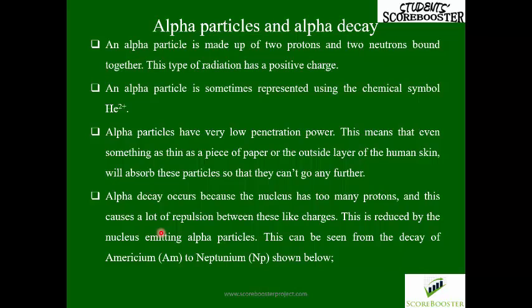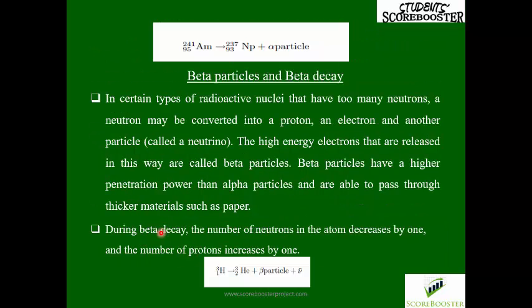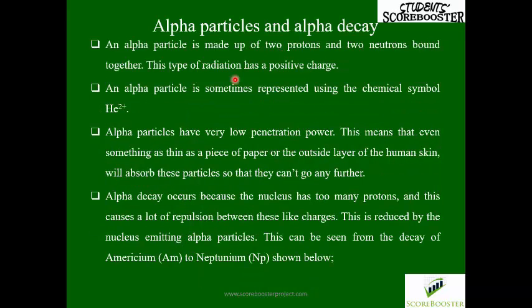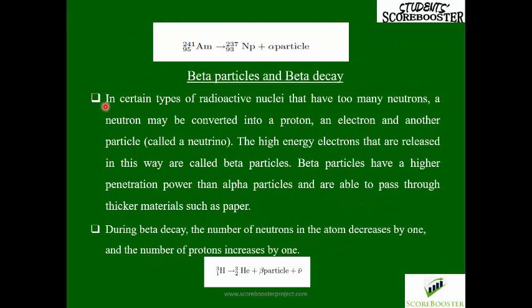This can be shown by the decay of americium to neptunium, in this equation. For these alpha particles, here we use helium, because it's helium that has 2 protons and a mass number of 4. So you can write helium here, 4 2.